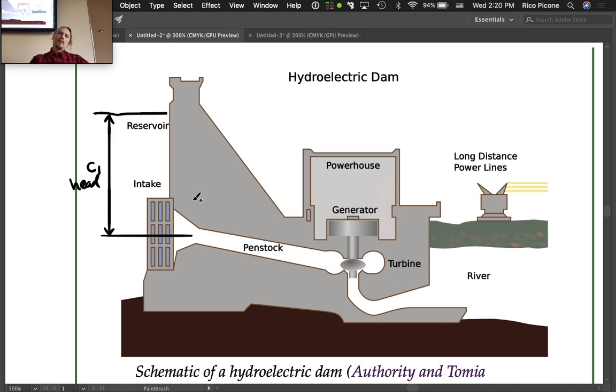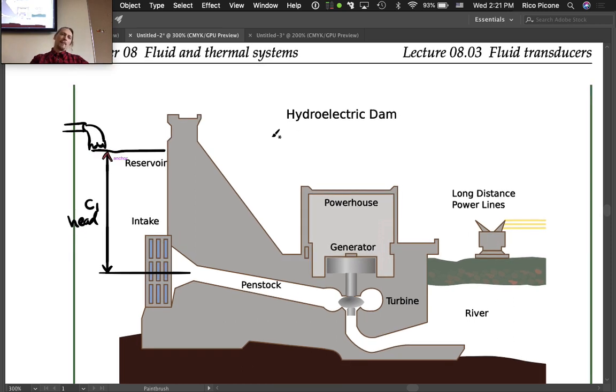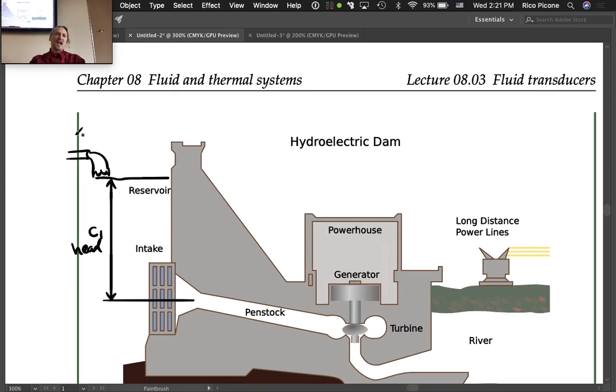So let's do that. And then also the flow that's coming in, we just mentioned it in passing, but this is going to come from the runoff from snow melt, for instance, and fill the reservoir. But that's going to change too. So the melting happens differently all the time. So we'll call that QS.